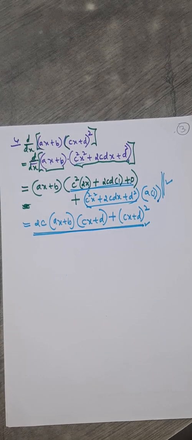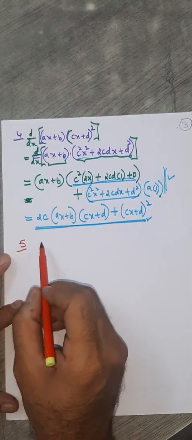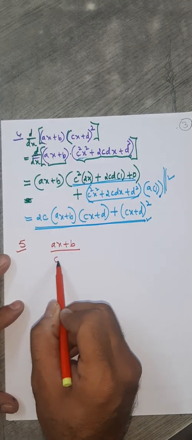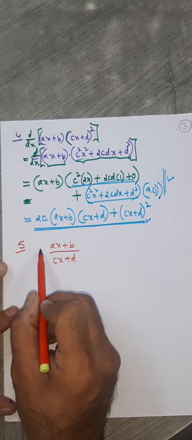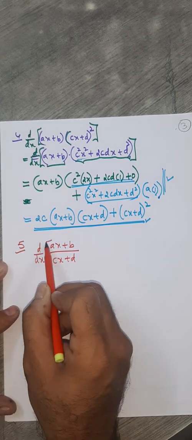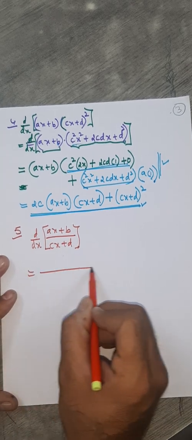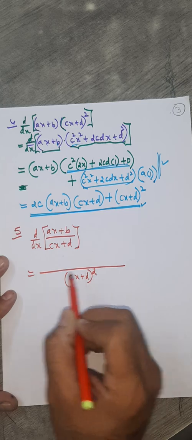Then fifth one. The fifth one is a very standard division rule. We have (ax plus b) upon (cx plus d). Division rule, I hope you are very clear with that. We did it a number of times in the previous session. So derivative of this. What is the division rule? Square the denominator function, (cx plus d) the whole square.